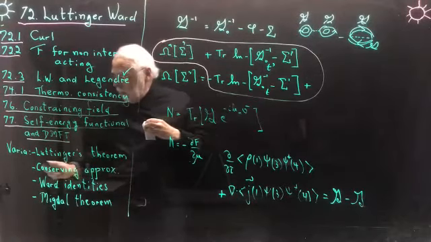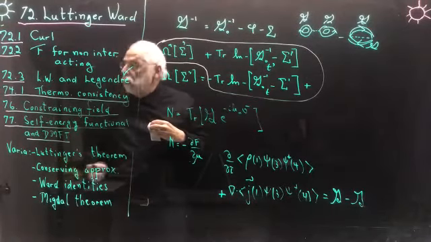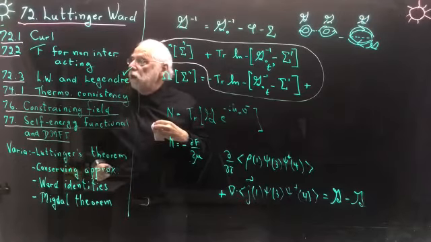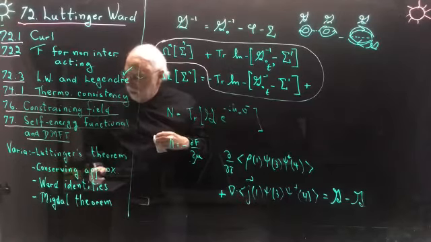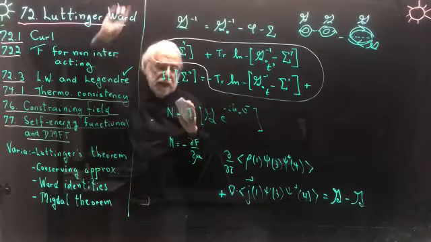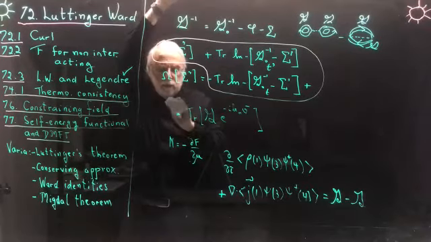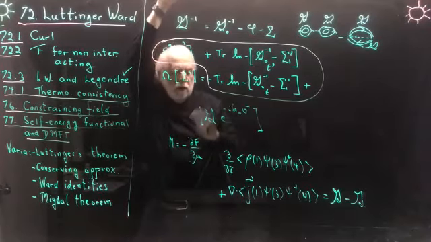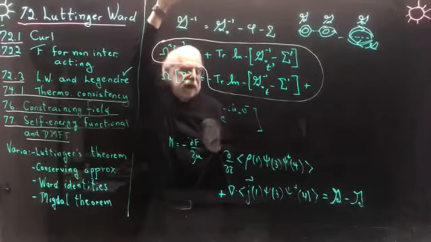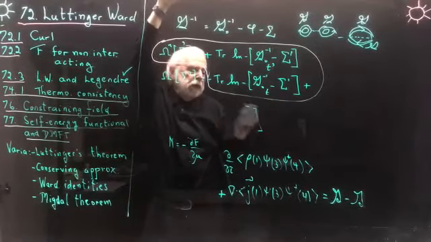So what is Luttinger's theorem? Luttinger's theorem is just the statement that at zero temperature, the volume of the Fermi surface is preserved by interactions.